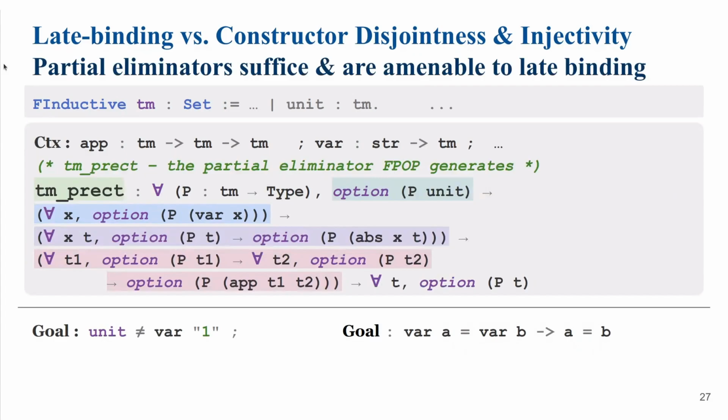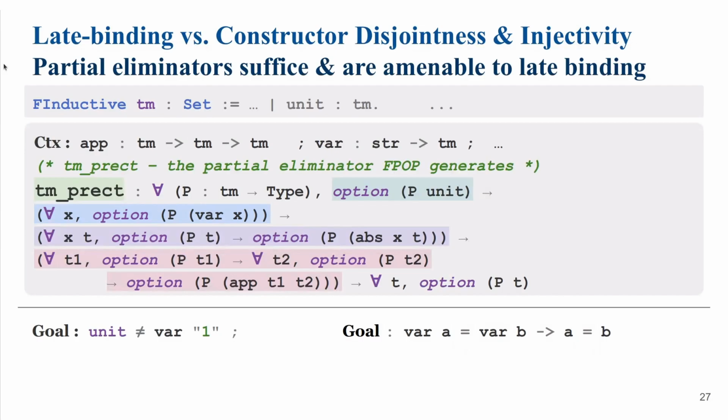FPOP provides for every extensible inductive type a partial eliminator. Partial eliminator weakens the standard eliminator with an option type. As we show in the paper, this weakened eliminator suffices for proving injectivity and disjointness of constructors.